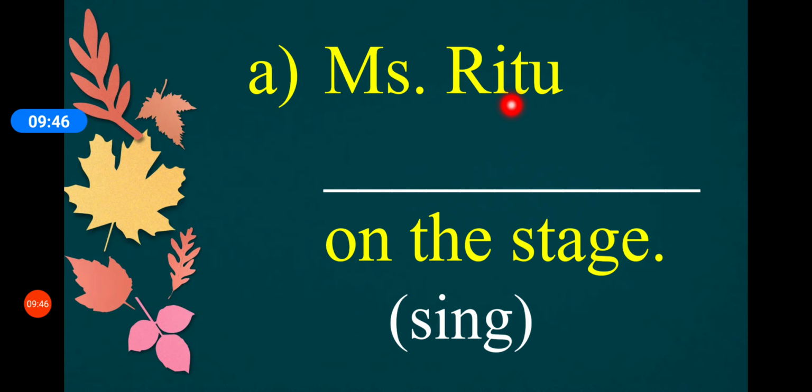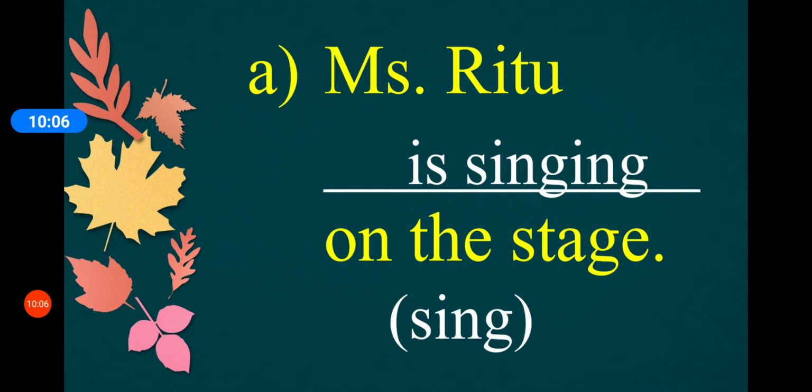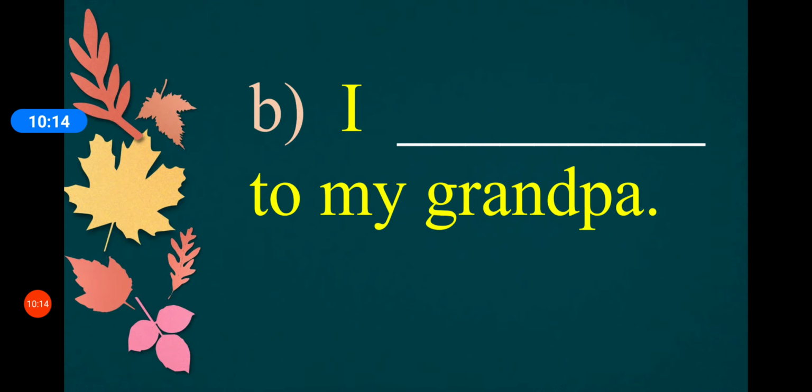So with singular noun, with he, she, it and singular noun, we use is. So first of all, we have come to know is would come. Then we have to add ing to the verb. So, our answer would be Miss Ritu is singing on the stage. Should we move to the next question?